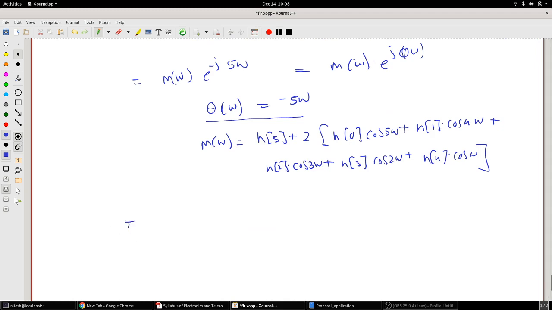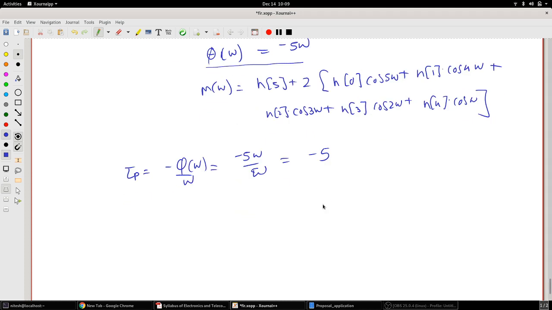Now the phase delay tau p is minus theta of omega upon omega, which here is minus minus 5 omega upon omega, so which is 5, which is your phase delay.